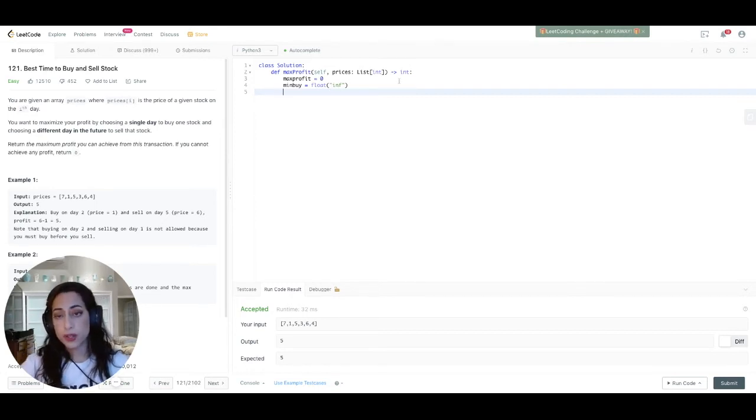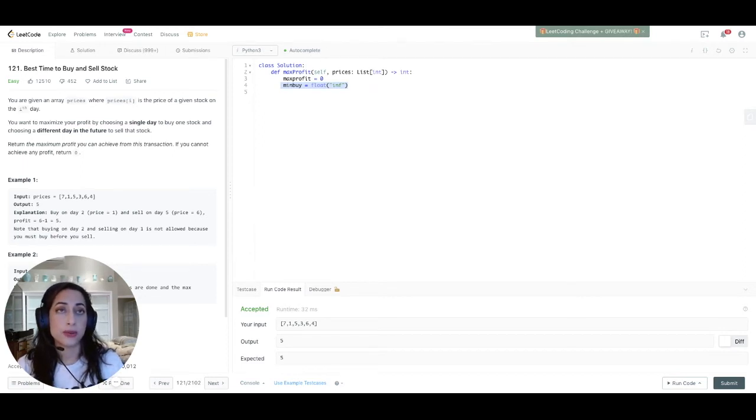So what we want to do now is iterate through and look at each value, and say, okay, is this a peak or a valley? If this is a valley and it's lower than a price that we were able to buy at before, then we want to say, okay, this is our new lowest that we can buy at.